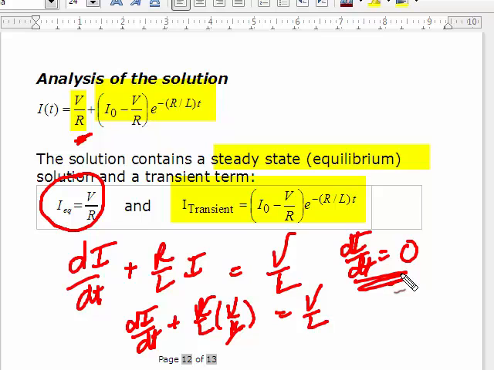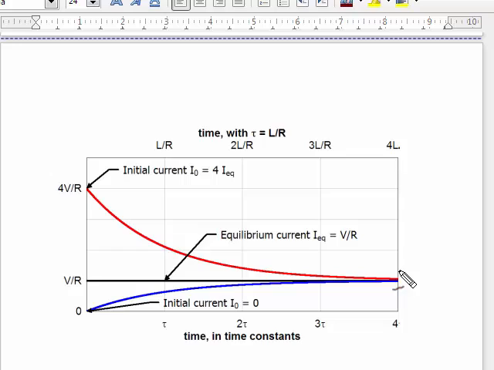And the behavior of the transients is also similar to the previous case. Here's the graph for that, the solution of several solutions for the series RL circuit that we solved using that integrating factor.